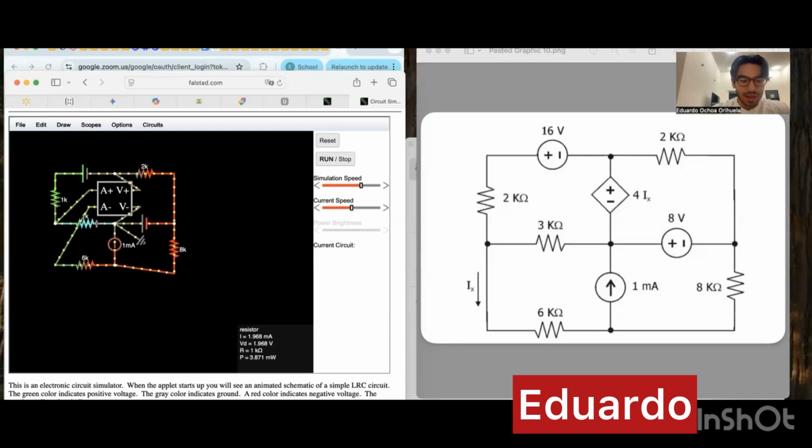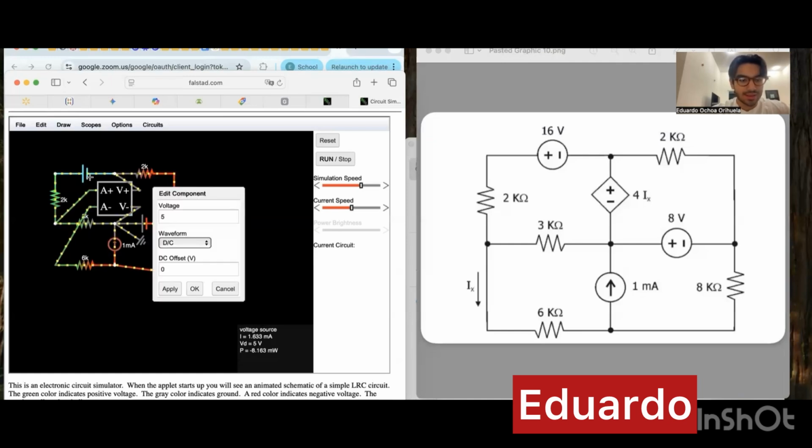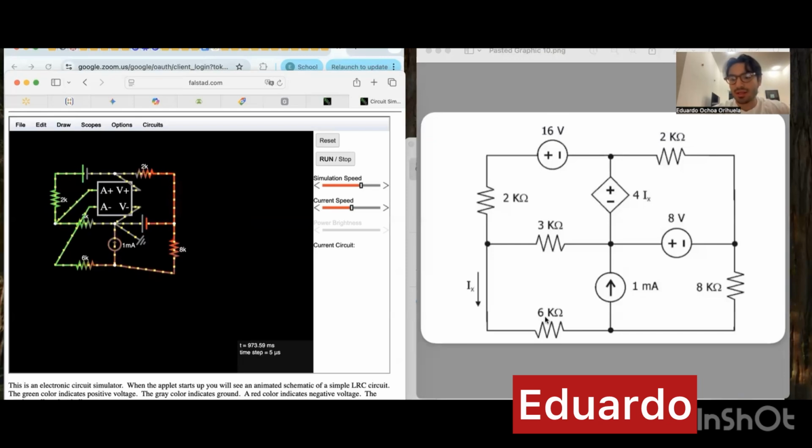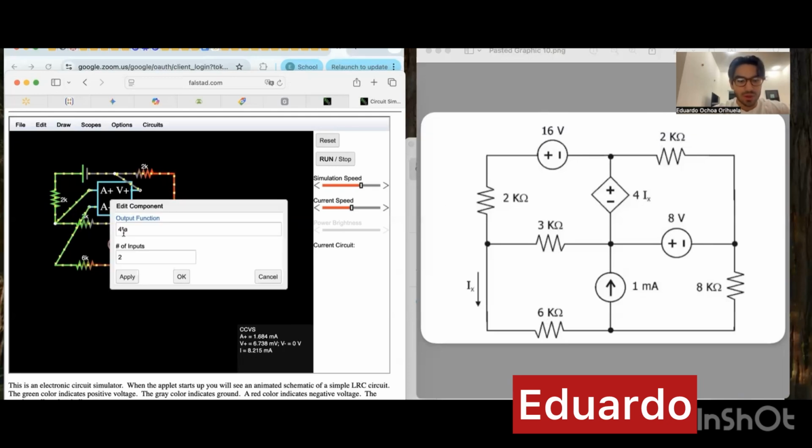Above it, we have 3. Then, perpendicular to that, we have a 2 kilo ohm resistance, and this is a 16 volt source, and this is an 8 volt source, right? 8, 16, 2, 3, 6, 8, 2, 1, and since it's 4, we have the 4 right there.